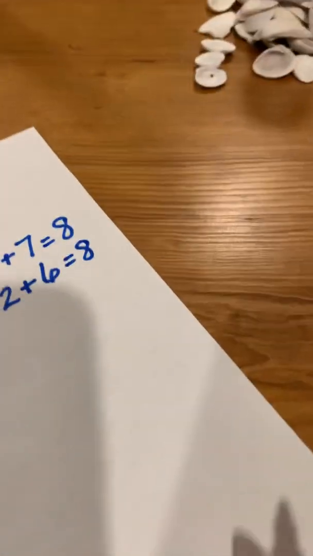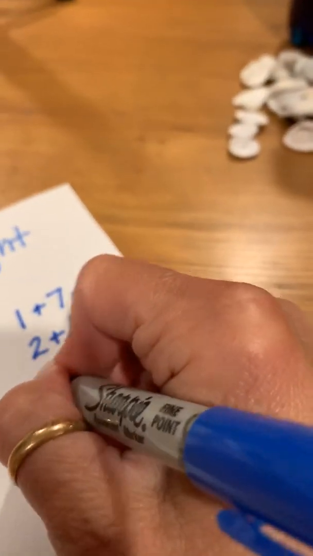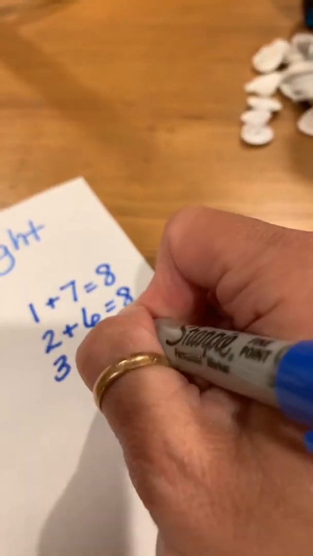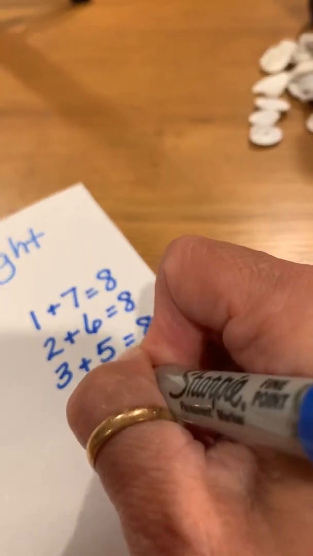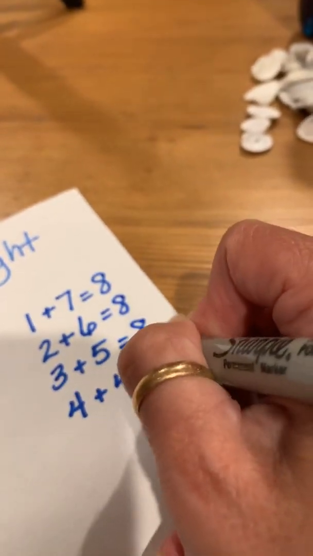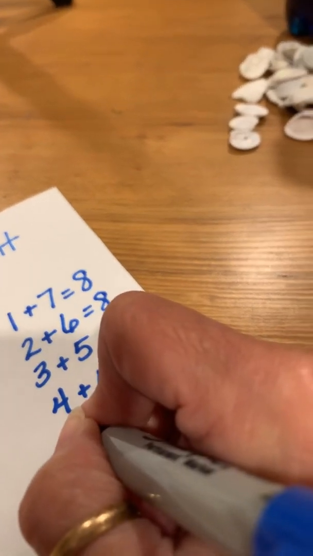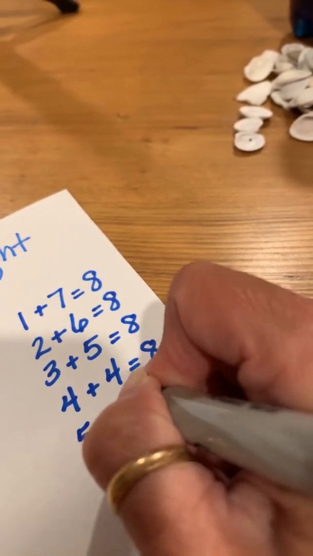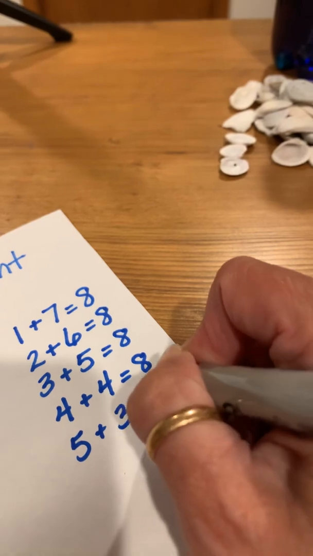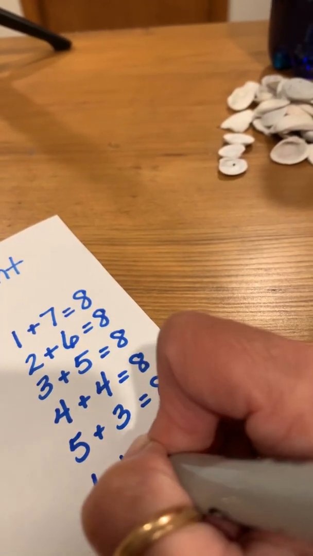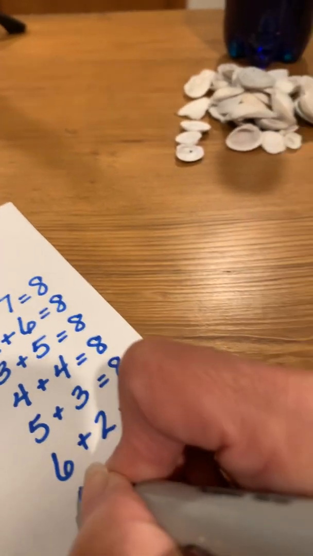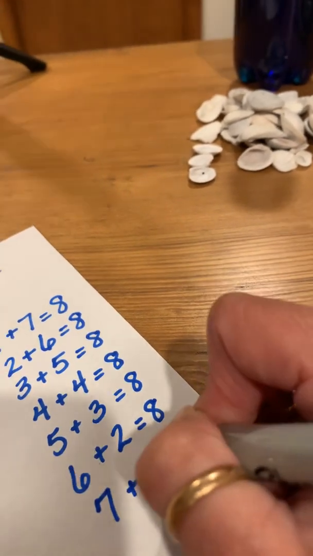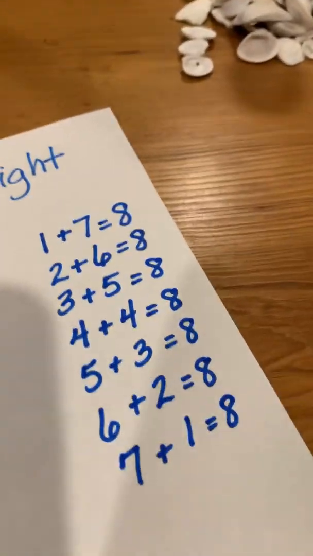What else? 3 plus 5 equals 8. 4 plus 4 equals 8. 5 plus 3 equals 8. 6 plus 2 equals 8. 7 plus 1 equals 8. Can you think of any others?